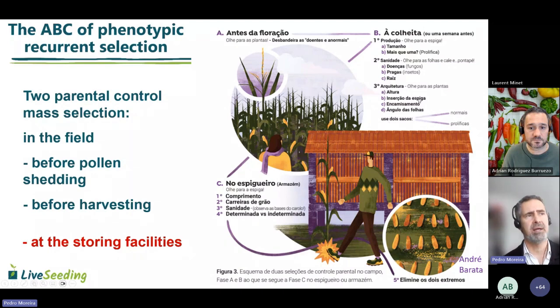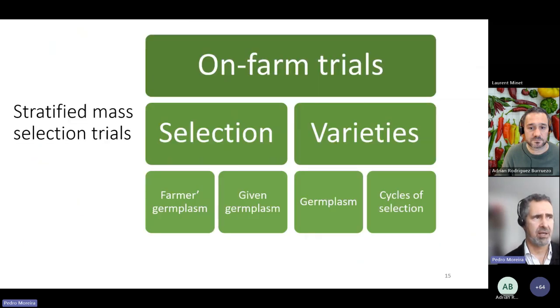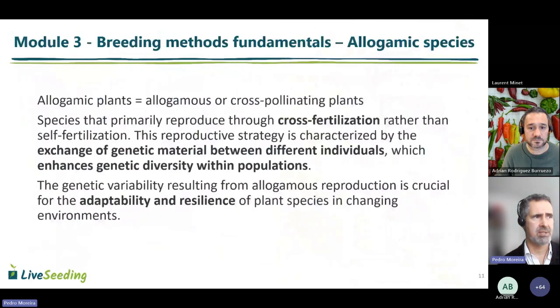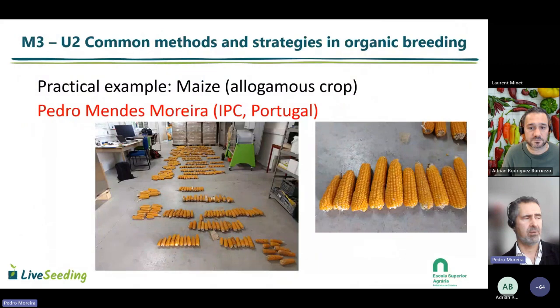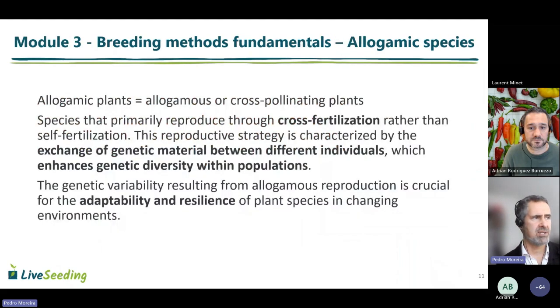Then we bring the ears to the storing facilities, and we look at the ears, as I mentioned in the first slide. This was the slide where you see all the ears were laid out, and then we were doing the selection about what will be the best ears for the next generation.